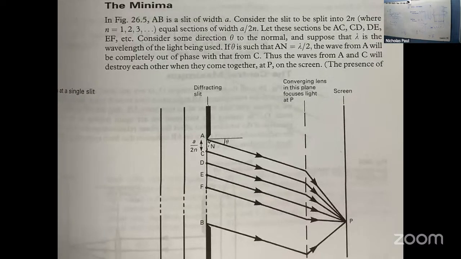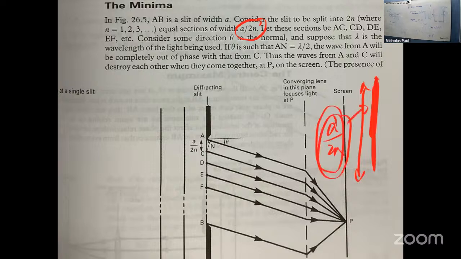Now we're going to split up small a into 2n equal sections, so every width is a over 2n. If the length is a and we split it in 3, each one will be a divided by 3. So if we divide it into 2n, each one will be a over 2n.